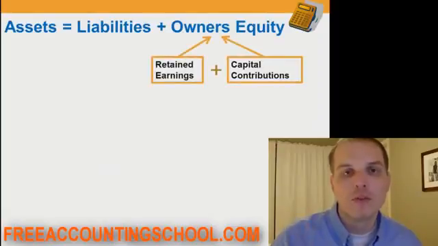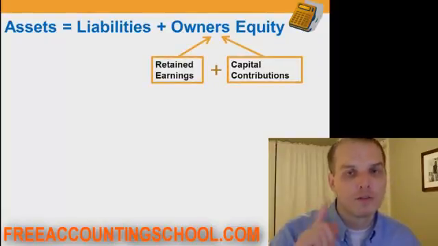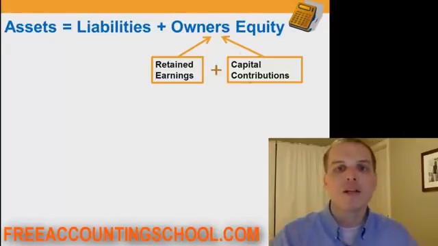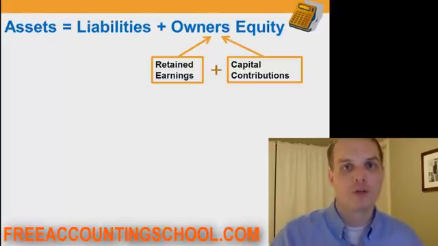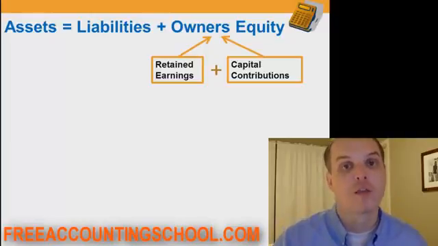Owner's equity comes from two things. Number one, retained earnings, and number two, capital contributions. First off, let's look at capital contributions. Capital contributions are money that comes into a business when someone buys newly issued, remember it's important, newly issued ownership rights or stock in a business.